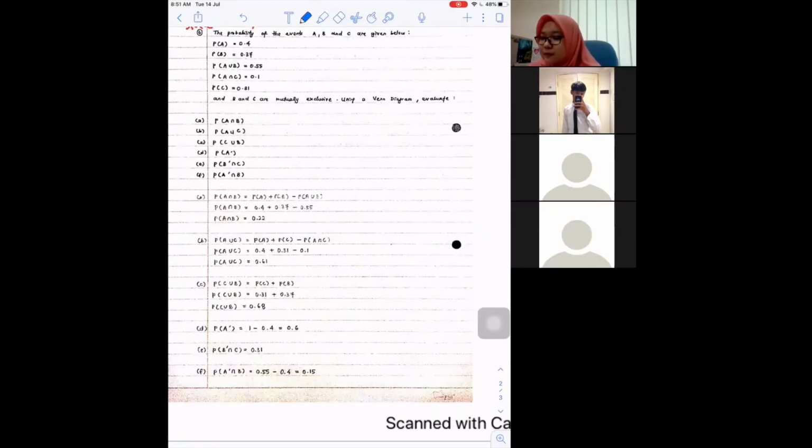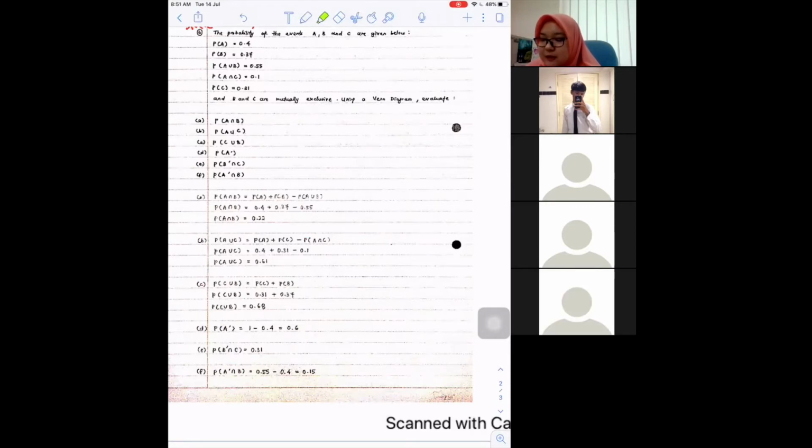Yes, madam. Okay, so next one, the probability of event is given as below. So you have all of this information here. You have A, B, C, and this is crucial: B and C are mutually exclusive.